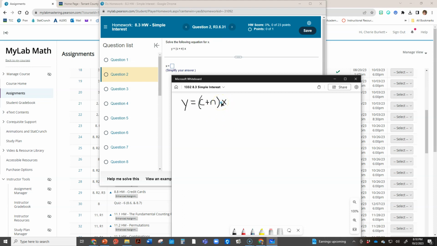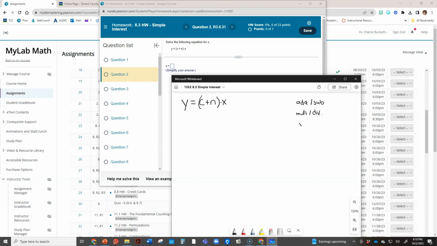And what mathematical operation is the inverse operation of multiplication? It's division. And if you didn't know that, addition and subtraction are inverse operations. Multiplication and division are inverse operations.